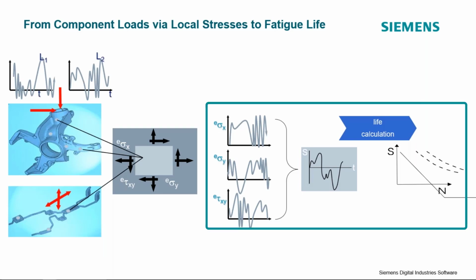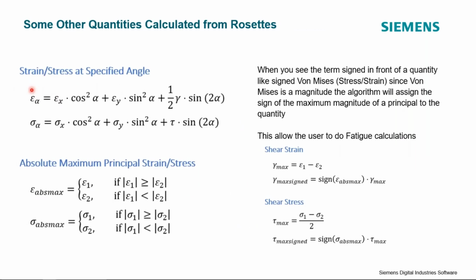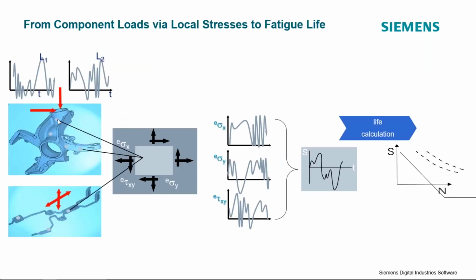Based on the loading conditions here, it can be a bit of a challenge to determine how to perform a fatigue life analysis, because we don't know in what direction the maximum strain or maximum amplitude load cycles are occurring. And so we can use this relationship here to generate strain time histories at various different angles at the location of our strain gauge rosette.